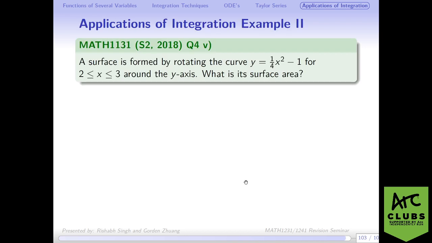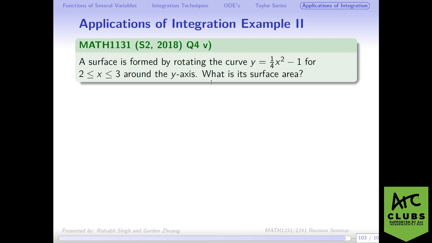So here we have our question. The surface is formed by rotating this curve around the y-axis. What is its surface area? Here we have the curve in terms of x, although this question asks to rotate around the y-axis, which means we need to change it in terms of y.